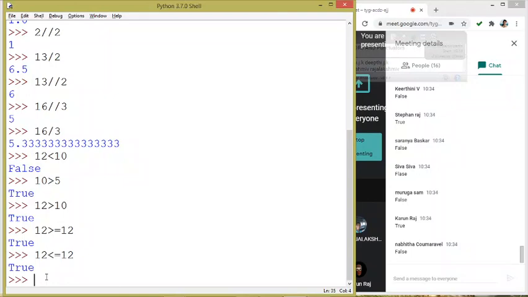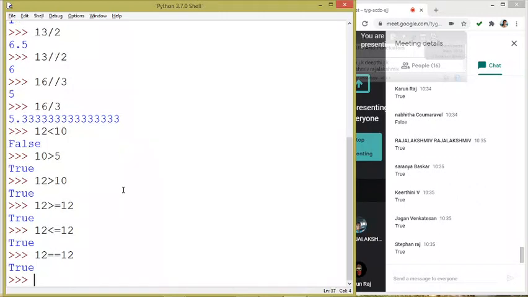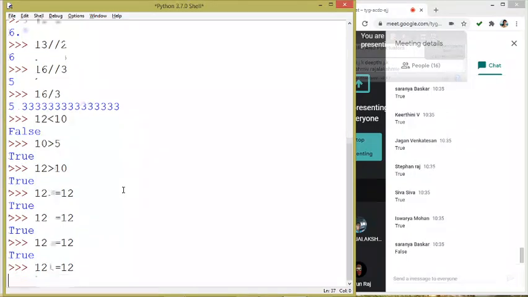Okay, now tell me the answer. 12 is equal to 12. What answer will come? Yes, simple, true, because 12 is equal to 12. If I write 12 not equal to 12, what answer will come? False, right?